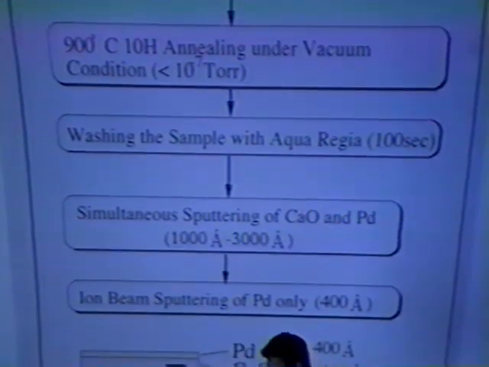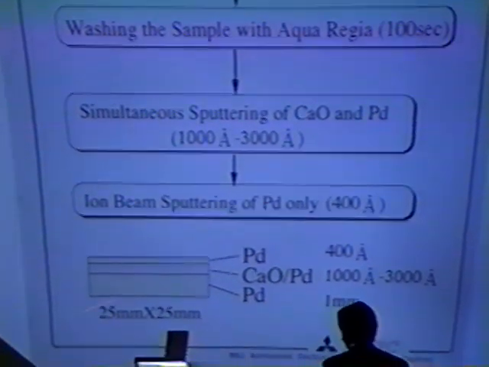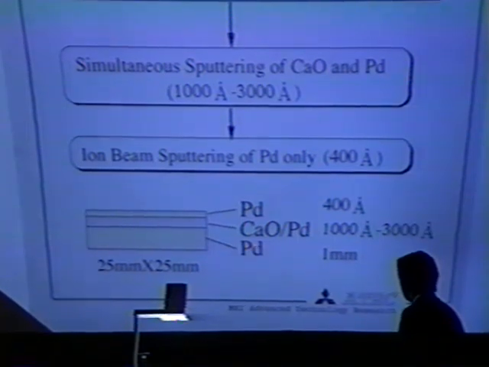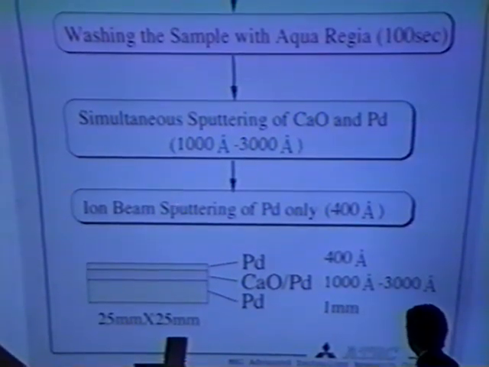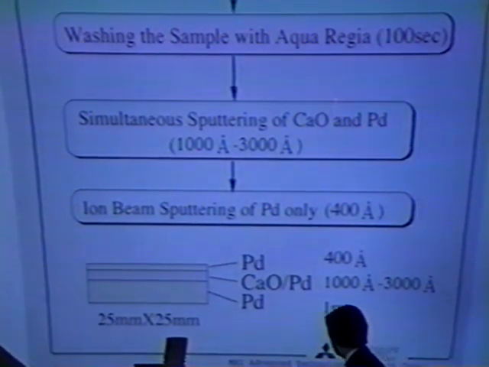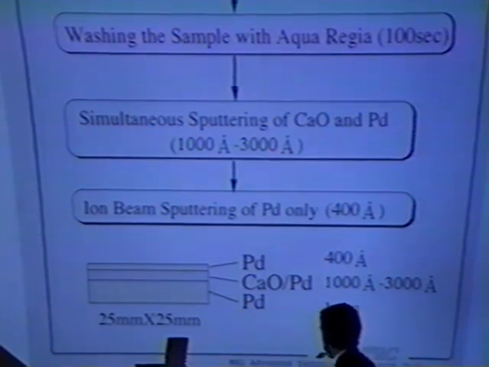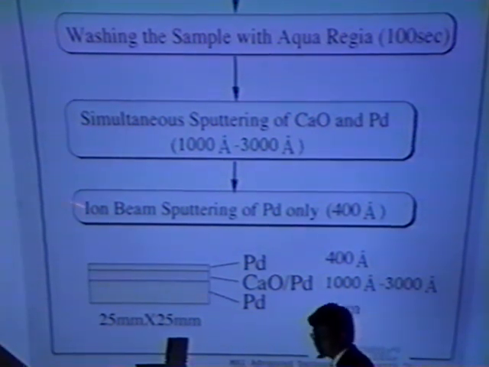And after that, on the palladium sheet, a calcium oxide and palladium mixture layer is made by simultaneous sputtering of calcium oxide and palladium. The thickness of the mixture layer is 1,000 or 3,000 angstrom.